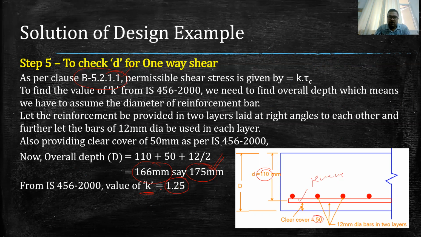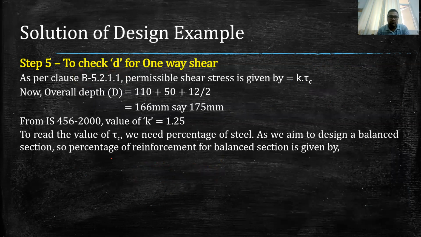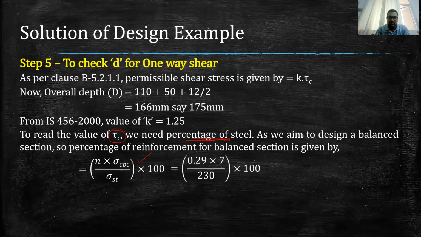Now we have found the value of K. Now we will find the value of tau C. And now we know that this tau C value is dependent on the percentage of steel. So we can find out the percentage of steel of balanced section using the relation, this one. So here we will put the values and we will be able to find out the percentage of steel as 0.88. And here again, for the sake of convenience, we are rounding off this value to 1%.